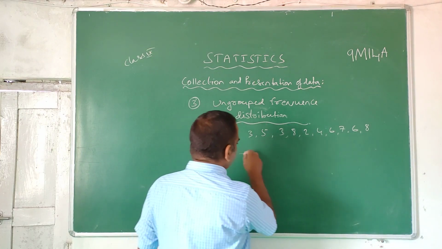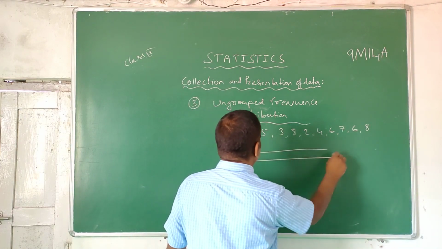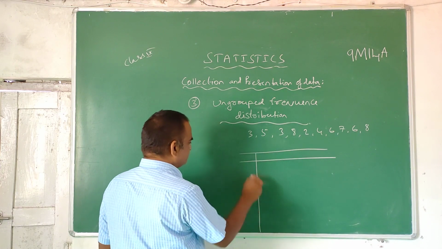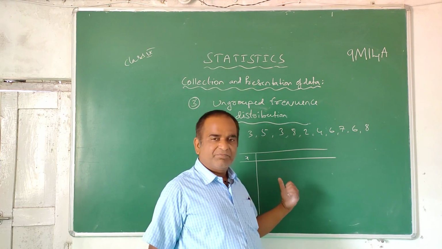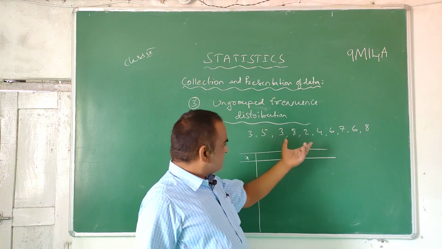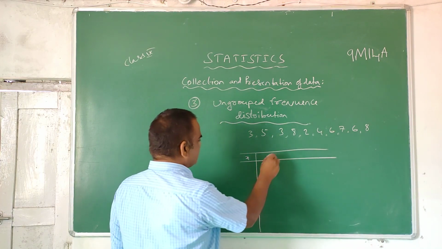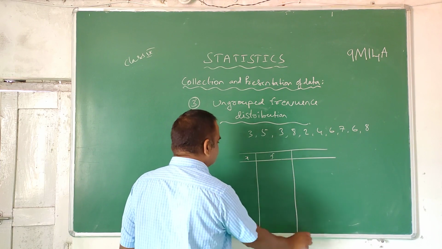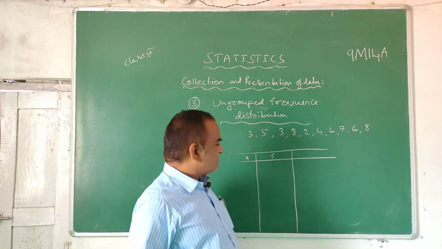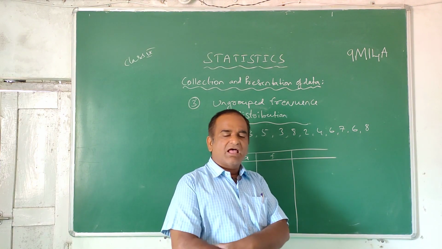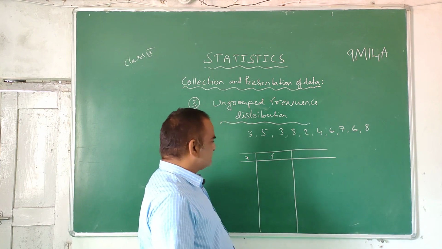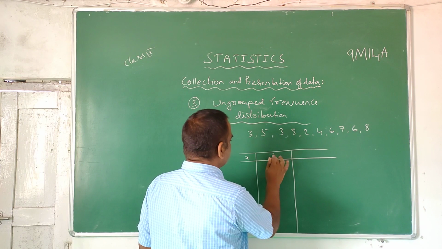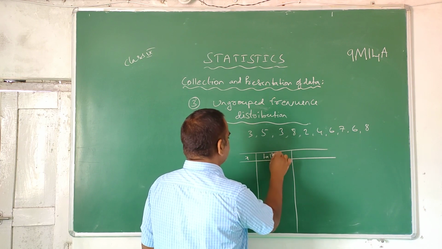Then you have to prepare a frequency distribution. X stands for observation, F stands for frequency. Frequency means how many times it has occurred. Or you can go for tally marks and then frequency.